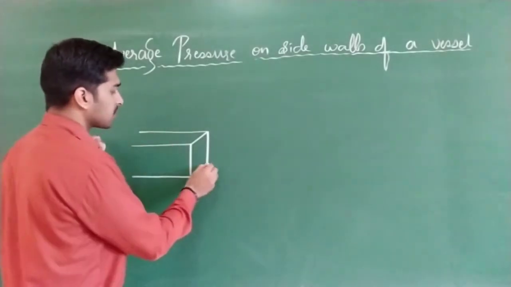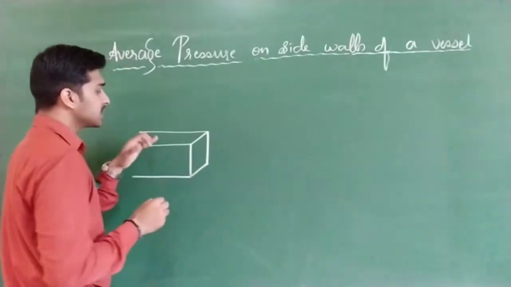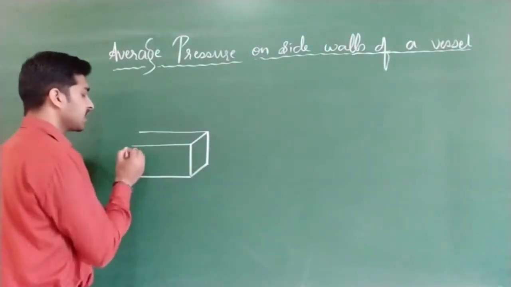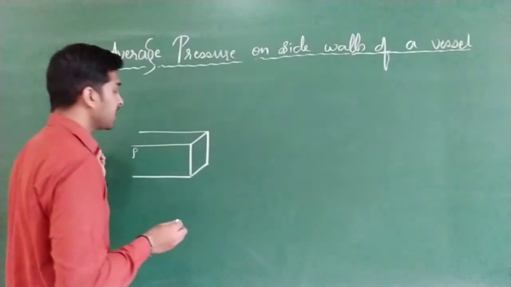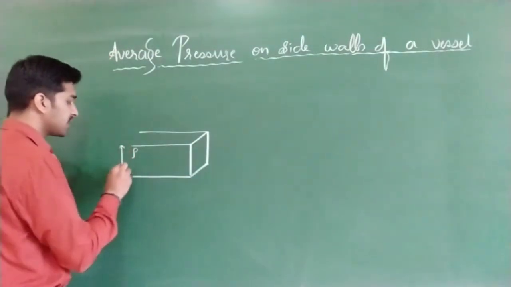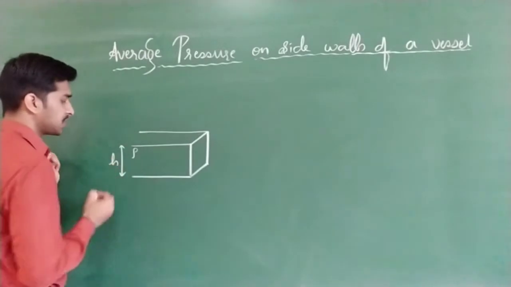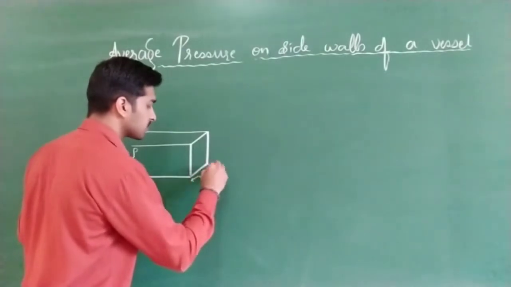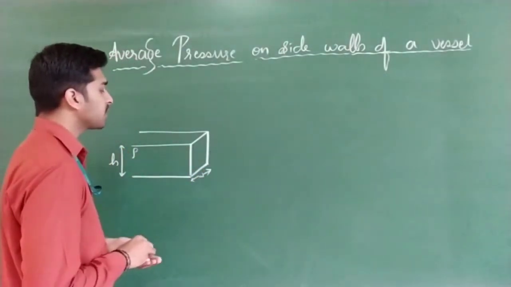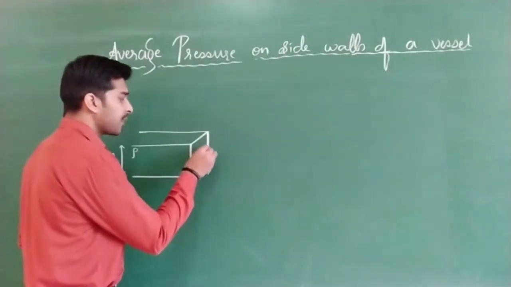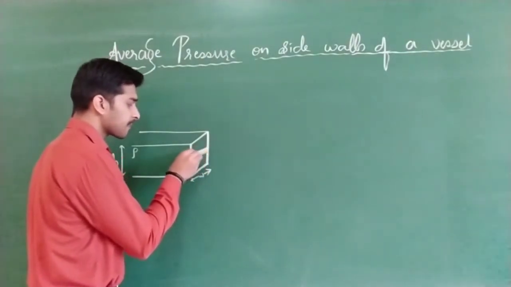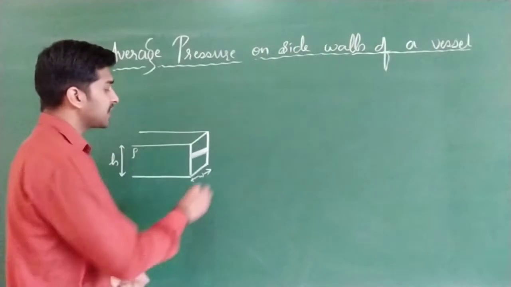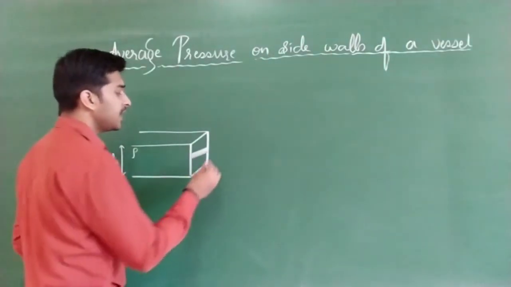This is a rectangular box, or a rectangular vessel, inside which fluid is there. So basically we are considering a liquid of density rho. The height of this complete vessel is h, and the width of this complete vessel is w. Now here we are imagining a very small element of height dy.